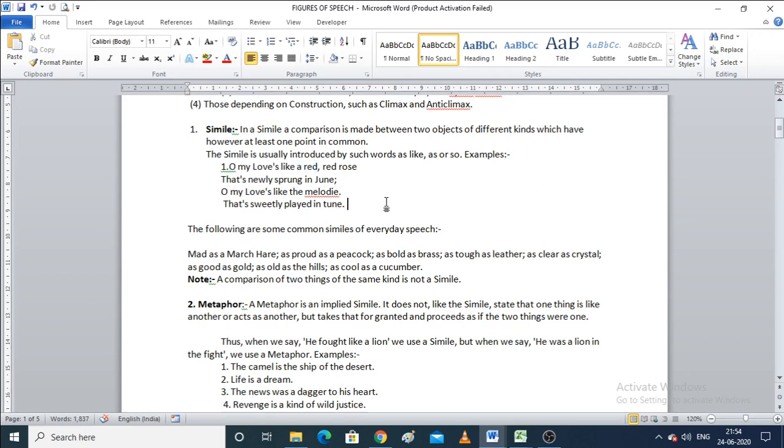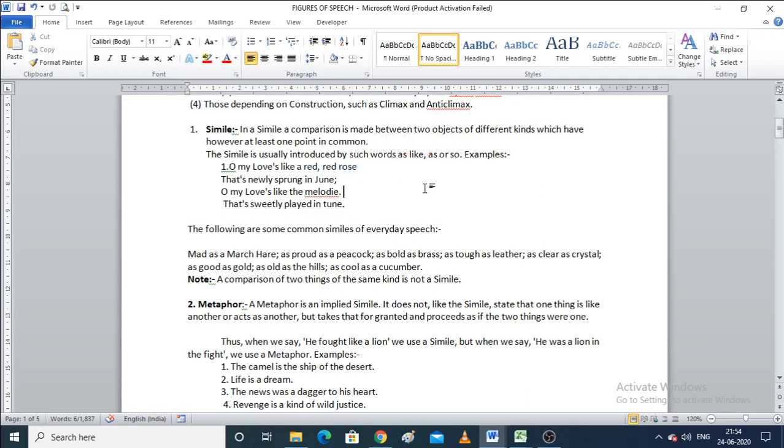Now, friends, it is comparing love to a red rose. Now, is love really a red rose? No, right? Love is not a red rose. But the poet is comparing love with the red rose that will grow in the month of June during spring.